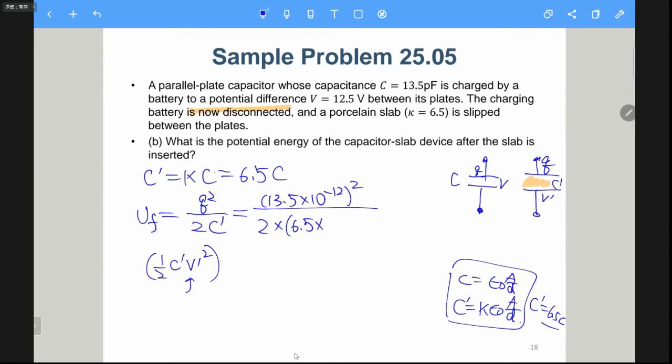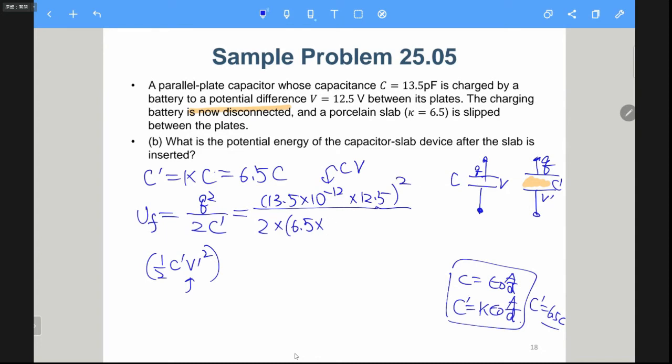So it is 13.5 times 10 to the minus 12 quantity squared over 2 times C prime. Sorry, this is C. Q equals CV, so it's times 12.5, quantity squared, like that.